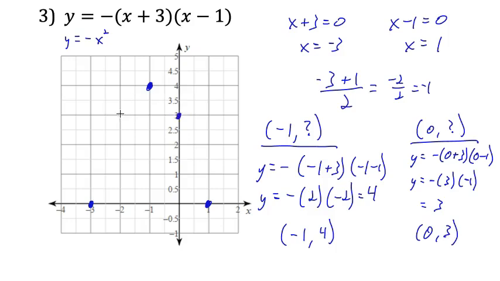We can reflect that over to the other side of the parabola. And we get a nice sketch of our parabola.